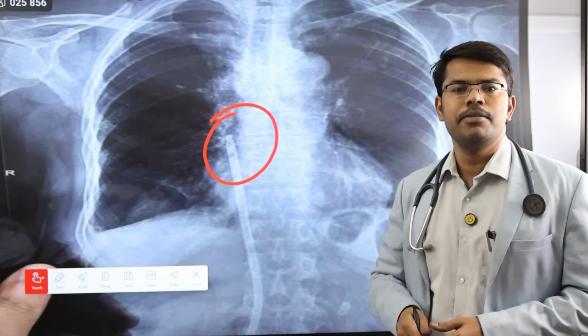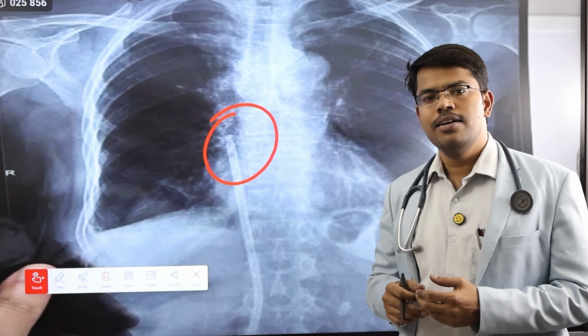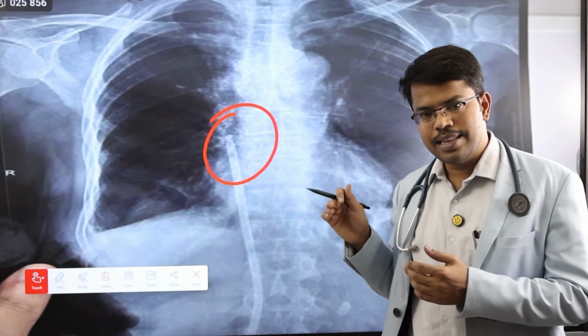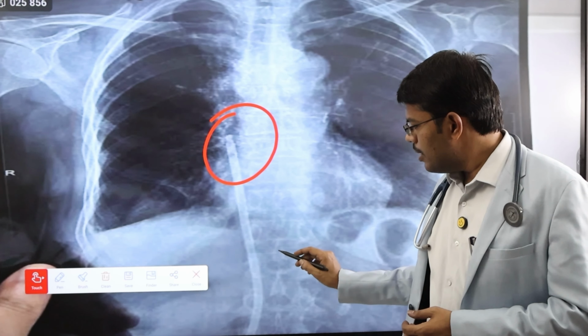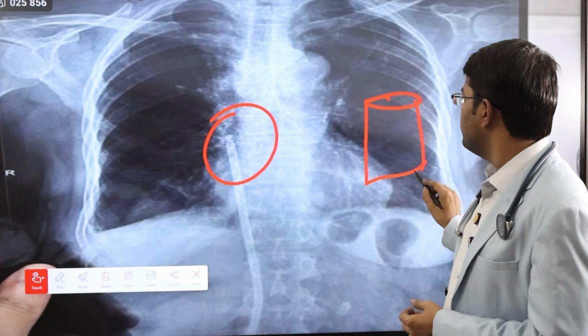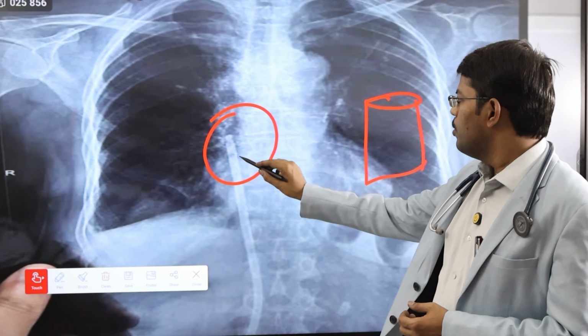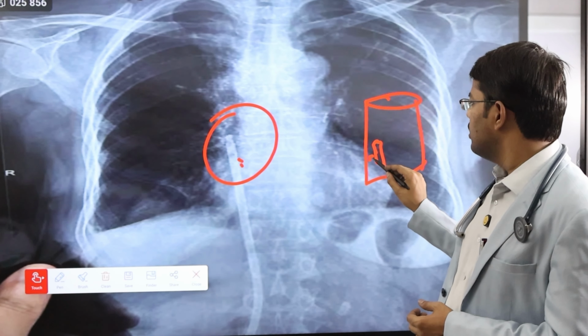Because IVC itself is a bigger vessel. The issue is the patients are on chronic dialysis, so the longevity of the catheter has to be for a longer period. So what will happen if the catheter is staying in a particular blood vessel? Let us take IVC. During the dialysis, there will be suction pressure from the sides of the catheter.